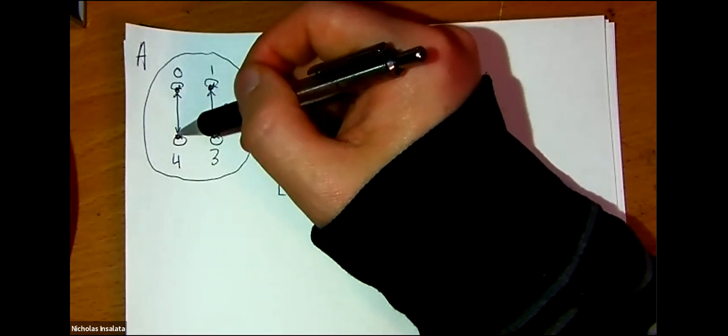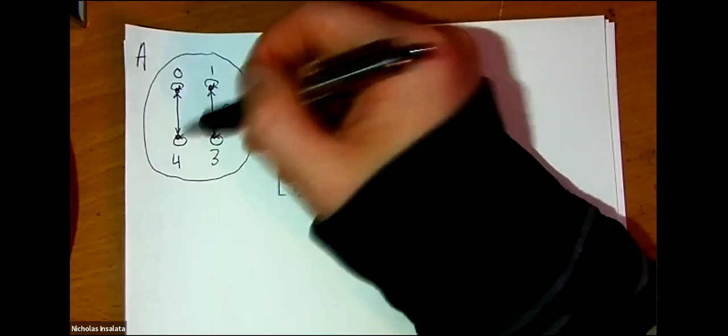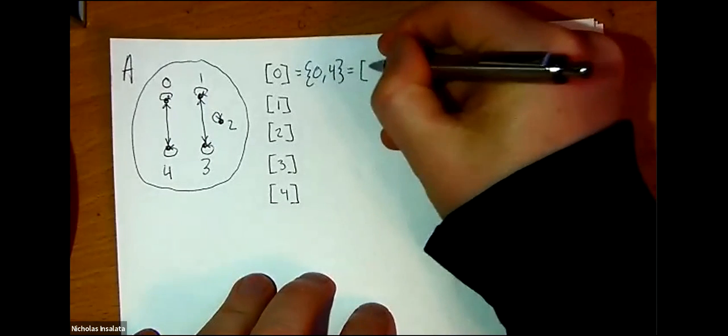In other words, the ones that are related to 0, right? And the only things that are related to 0 are 0 itself and 4. Which also happens to equal what? Which other equivalence class? Yeah, the equivalence class of 4. Those are the same thing.